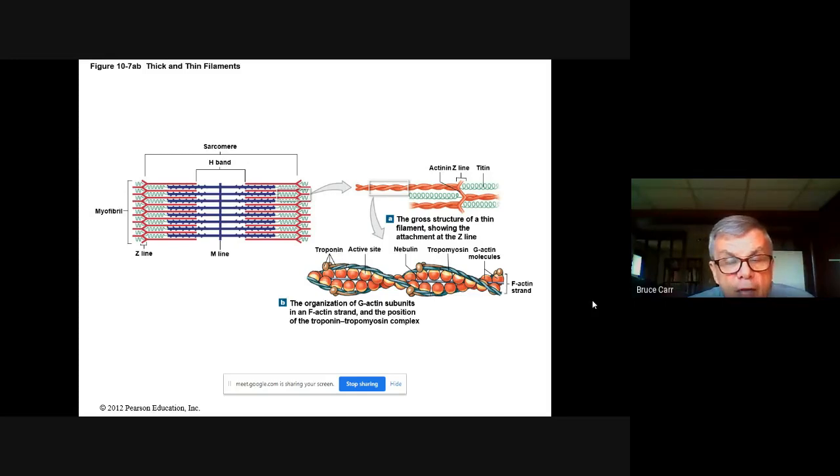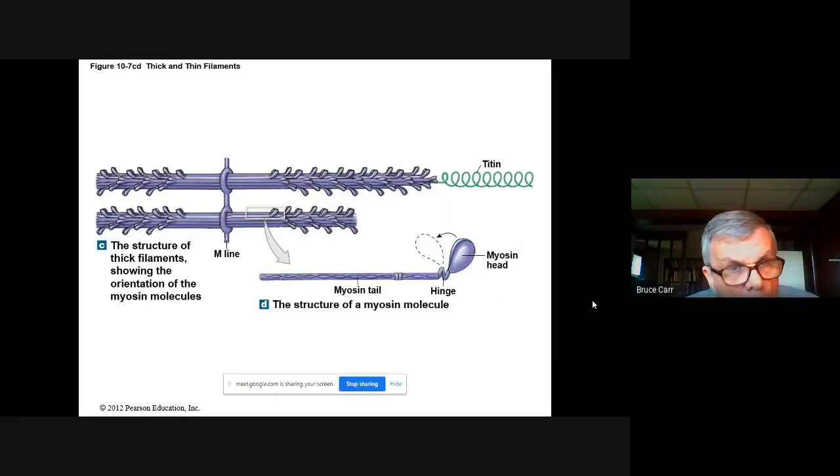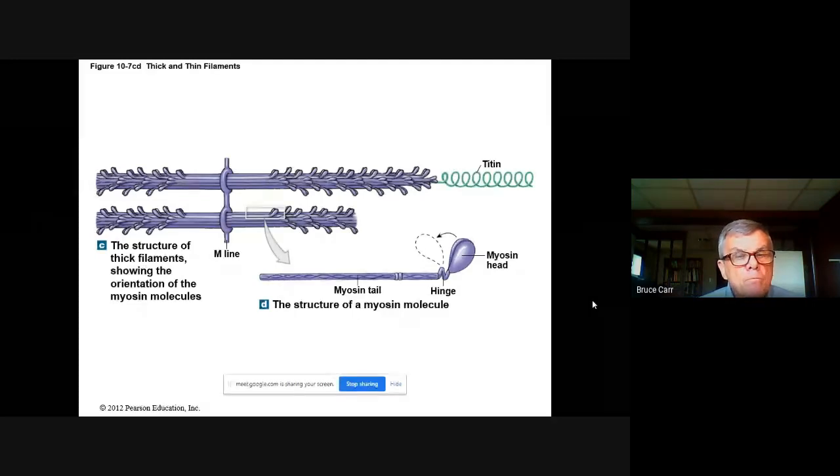In addition to the actin globules themselves, you have what looks like a wire strand, the tropomyosin that holds them together, and troponin, a molecule that actually inactivates the site until a stimulation arrives. The myosin fibers are bundles of fibers, and look like a golf club with a flexible head.